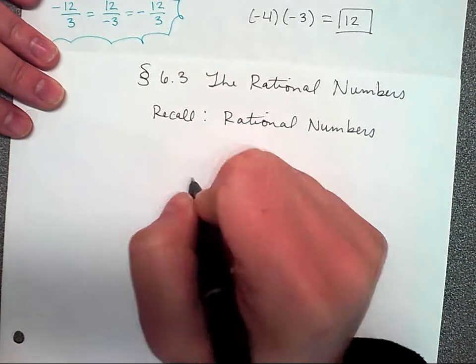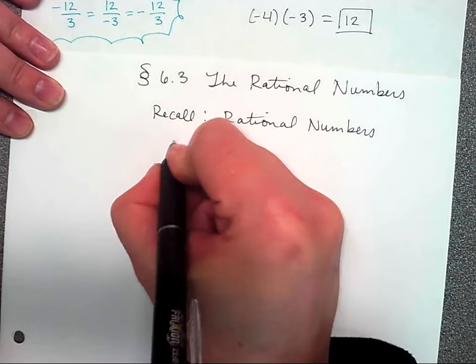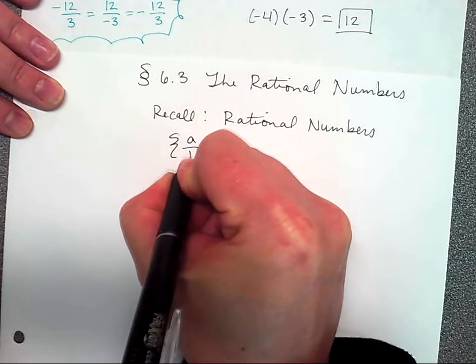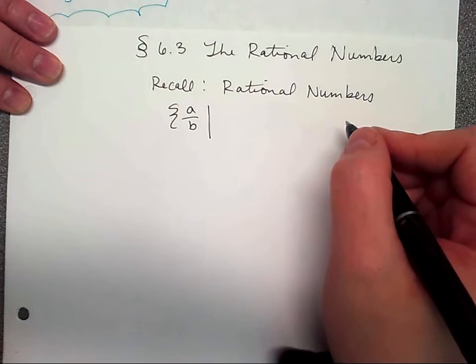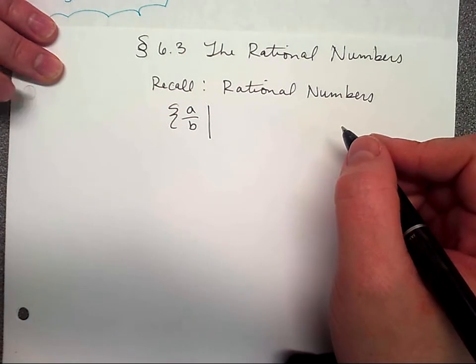Okay? How can I write that in set builder notation? So the set of a over b such that what? It's in your notes.